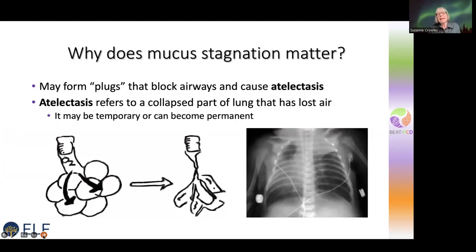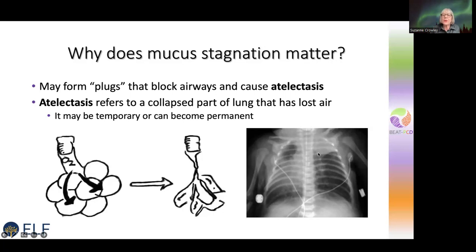The other reason that mucus stagnation matters is that thick mucus can form plugs that block the airways and cause parts of the lung to lose air and then collapse. And this is something called atelectasis. And you can see it on X-rays, for example, as white patches here.